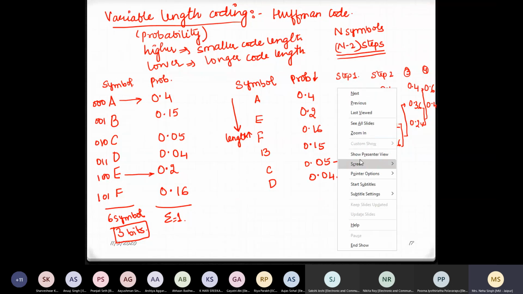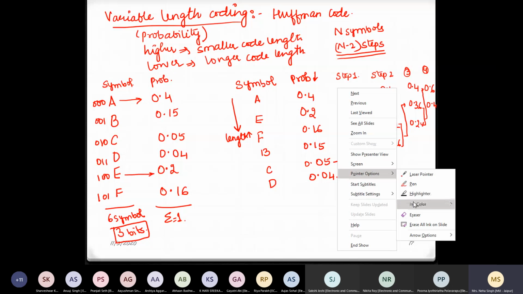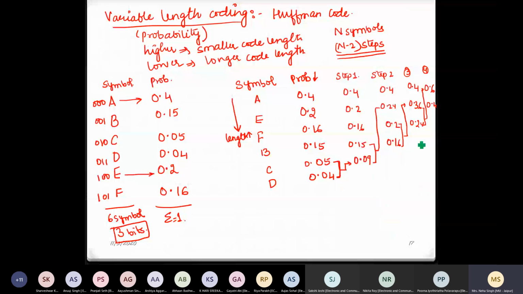Now I start assigning my code. For that, at every step I have to add one bit. The possible values for the bit are 2, that is 0 and 1. So in step 4 I represent the highest probability as 0 and the lower probability as 1. This 0 is the code assigned to 0.6, which came from the sum of these last two probabilities.